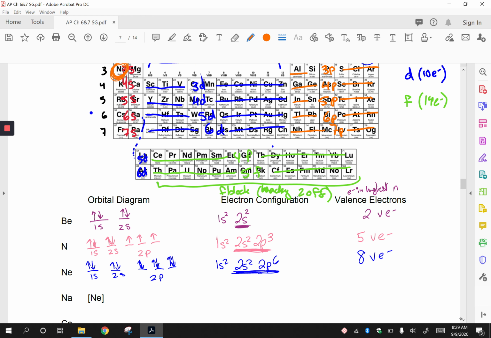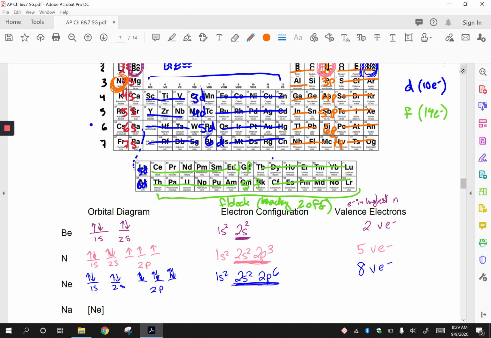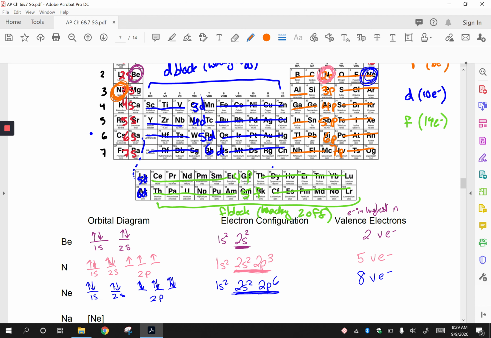When you do that, that means you've gone through the whole periodic table up to where neon is. So you've gone 1s2, 2s2, 2p6 already. So now for sodium you write the neon in brackets, and then do whatever comes after neon until you get to your element. In this case, all we have after that is just the 3s, and it only has 1 electron.